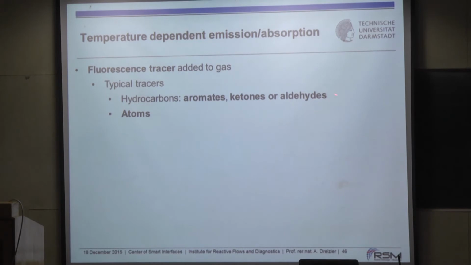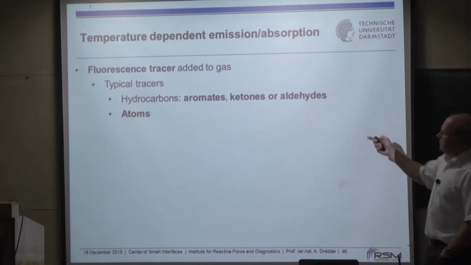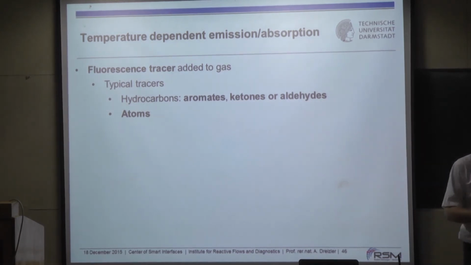However, that has attracted attention over the last 20, 25 years, and people have looked into different hydrocarbons that are suitable as tracers. But of course, if you put a hydrocarbon into that, it will not survive the flame. So we're talking about a measurement technique for temperatures ahead of the flame front.